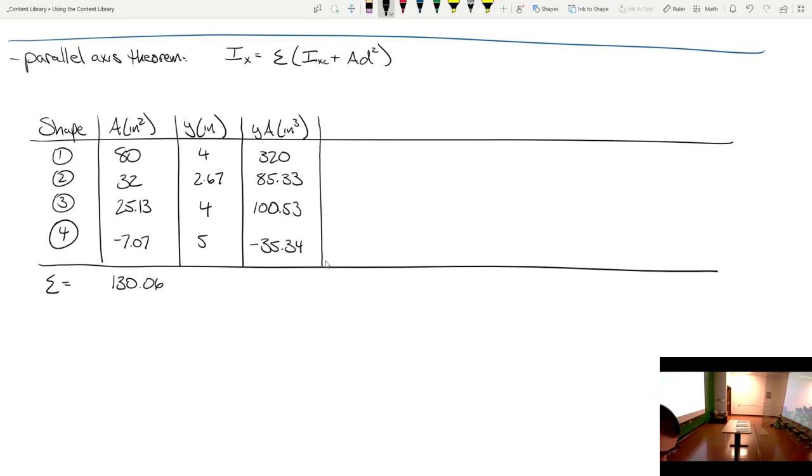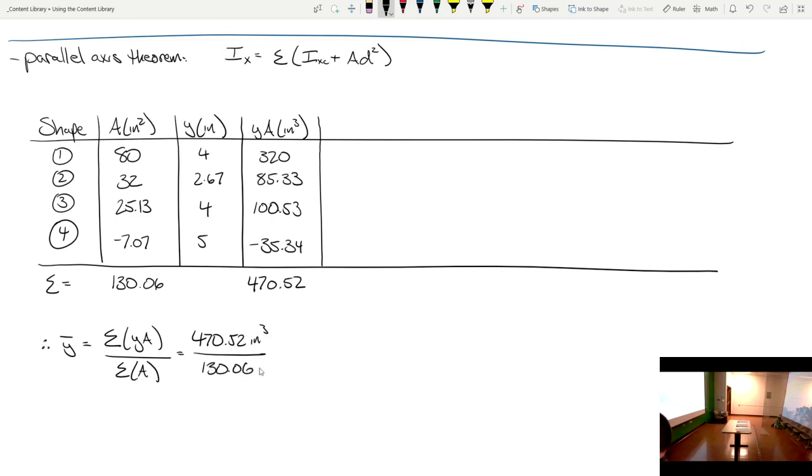Okay, and sum that up. And then when you chug this out, you get about 3.618 inches.